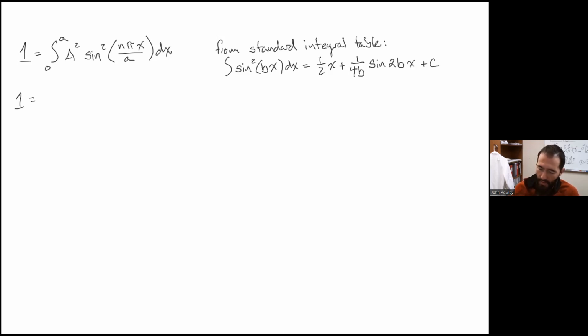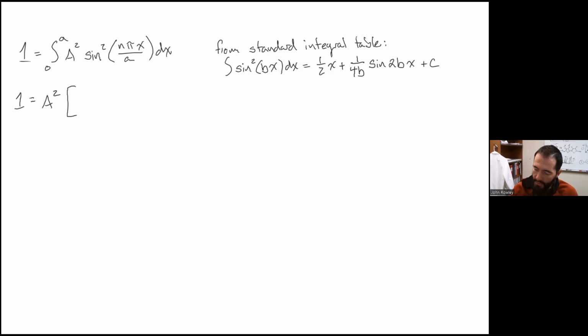First, I'll factor out the A squared because we're not going to integrate with respect to that. And I'm going to rewrite this expression using the values we have here for our integral.